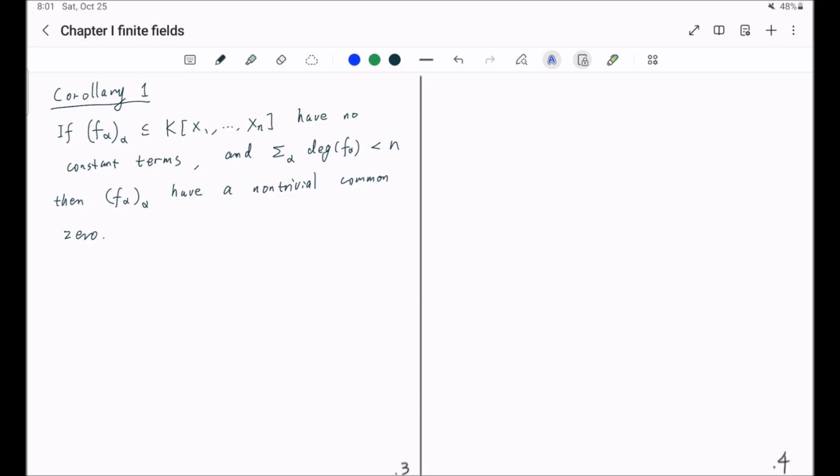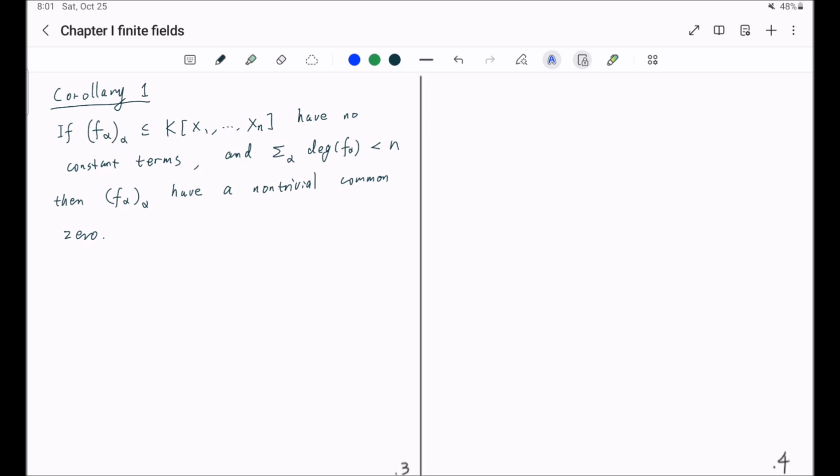By non-trivial, we mean, because those polynomials have no constant terms, if you just plug in 0, 0, 0, the 0 vector, to each polynomial, it will vanish. And that is a trivial common 0 for them.